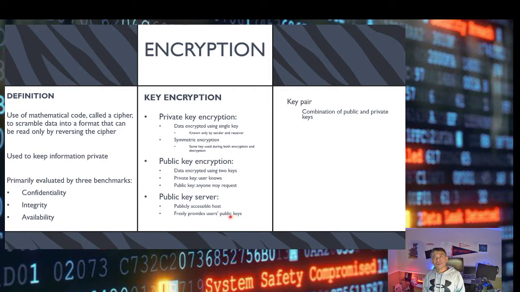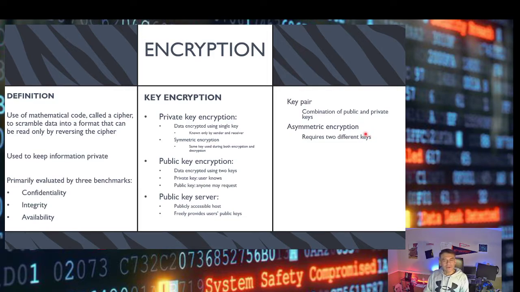So it is kind of a server that is able to generate public keys for different entities, companies that are trying to create a public key encryption setup for the security within your organization. The key pair is the combination of public and private keys. This type of public key encryption is also called asymmetric encryption. Why? Because it requires two different keys.